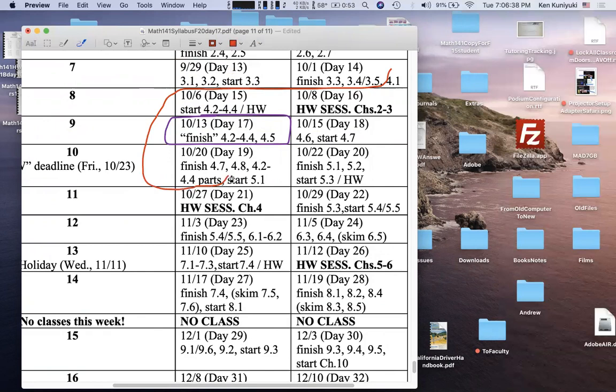The 4.4, I'm going to come back to the last part of that near the end. But the chapter 4 homework will be due on Wednesday, October 28th. So that's the week of Halloween. Try to stay safe that week.